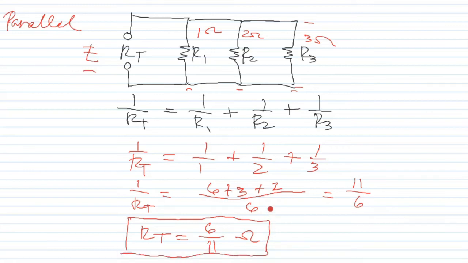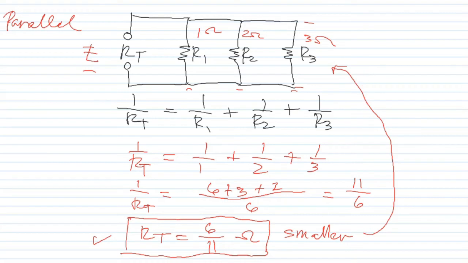And take note that in a parallel calculation of the total resistance, the value of the total resistance must be smaller than the resistances in the circuit.